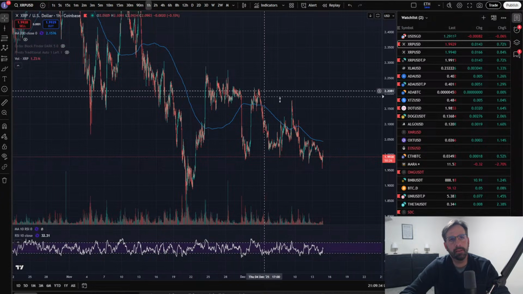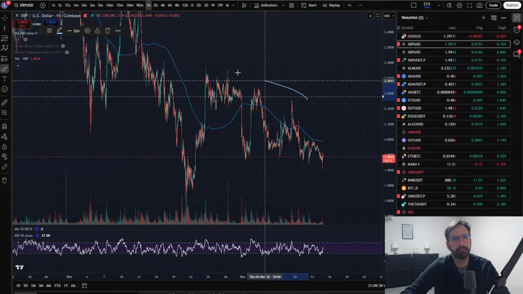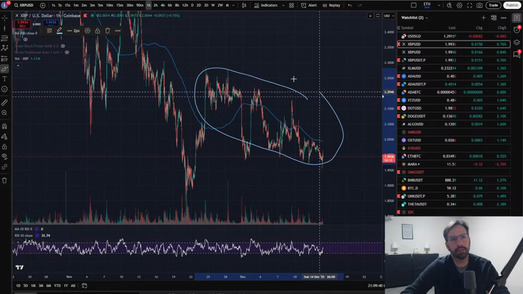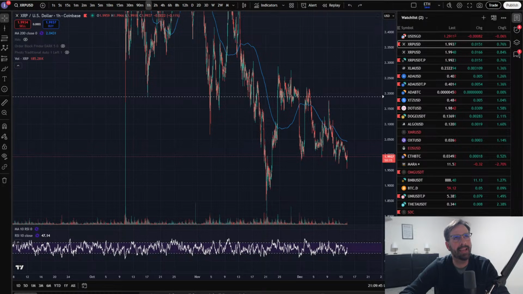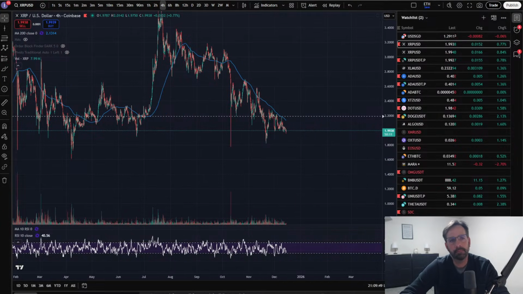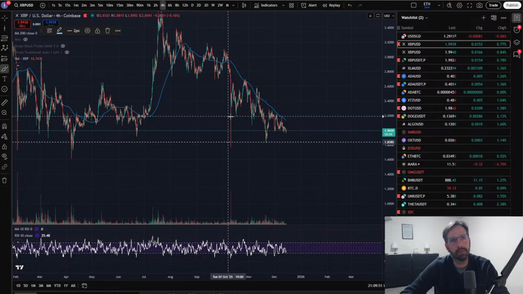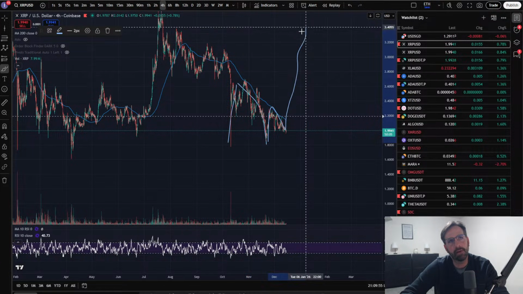I'll tell you what, this wave right here is super trash. Super trash for sure. Because what you want to say for XRP is this was some kind of impulse, some kind of 3-wave move, and now this is getting ready to go.